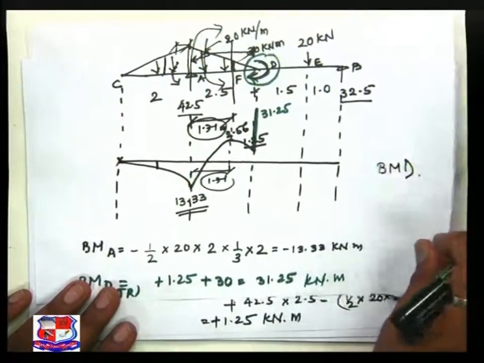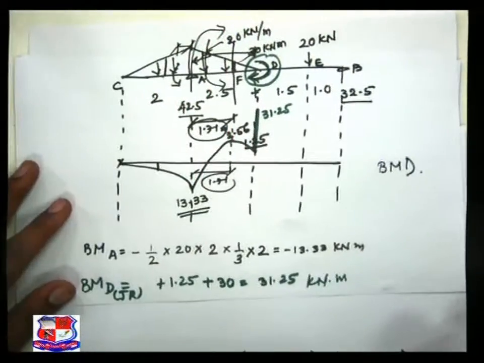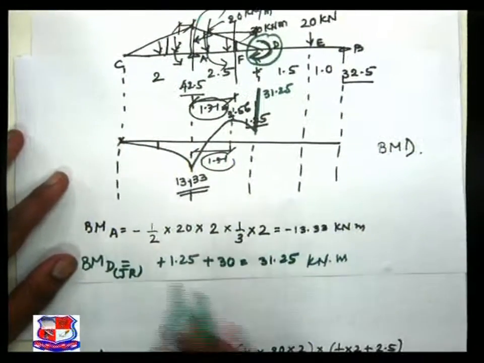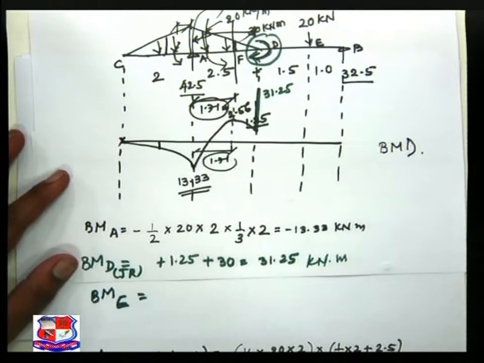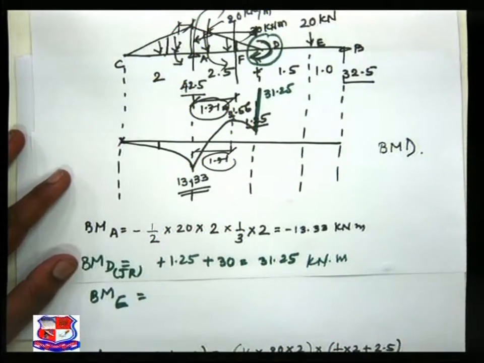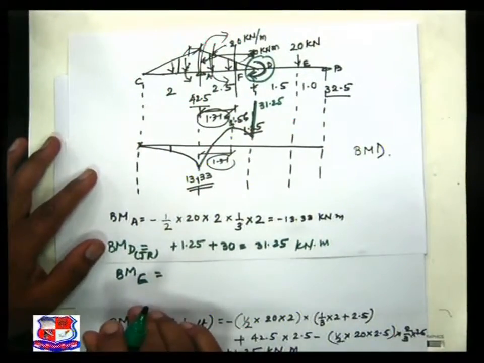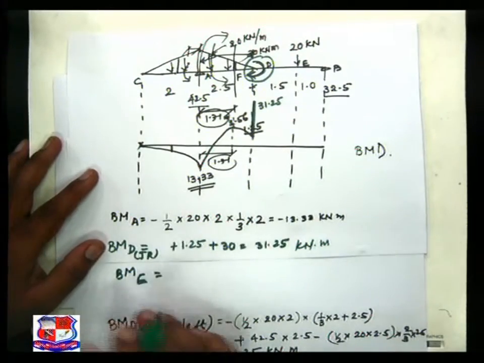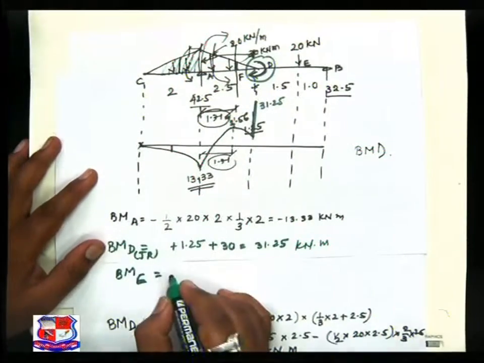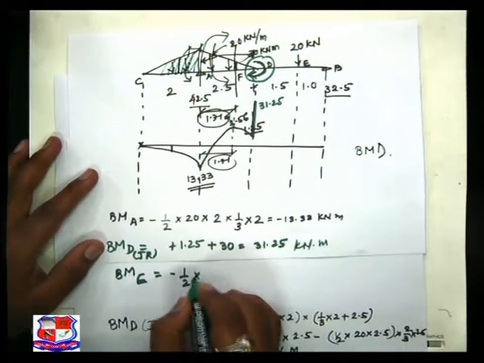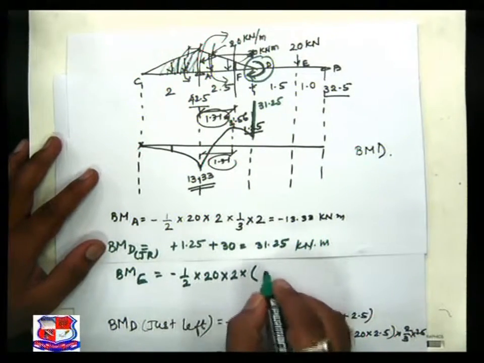Hence, let us find out the bending moment at E. Bending moment at E is equal to, the first is this UVL, that is minus sign, half into 20 into 2 into distance.